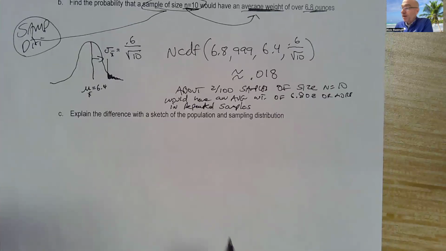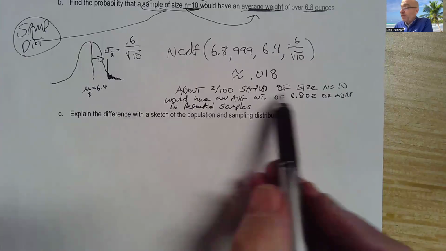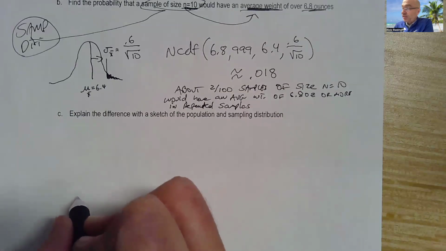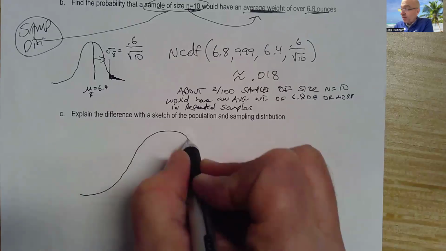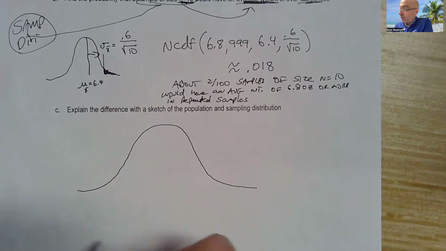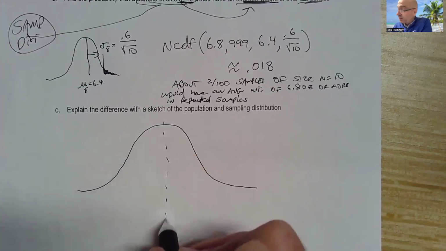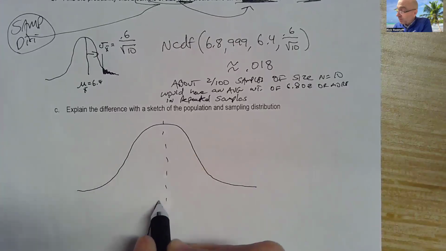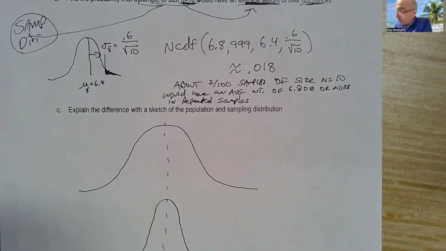They're doing a good job with their Honeycrisp apples. Good job. All right. Explain the difference between these two probabilities with a sketch of the population and sampling distribution, right? So my first one would look like this. My second one, here's the mean, is going to look like this, right?